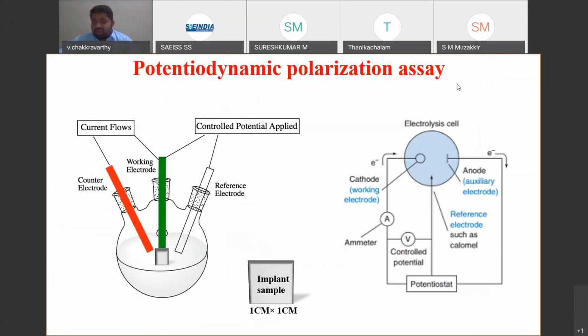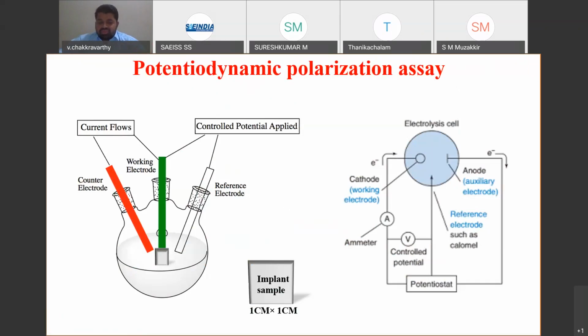If we have made an implant and would like to evaluate its corrosion resistance, a small implant sample is cut to dimensions of 1 centimeter by 1 centimeter, 1 centimeter width and 1 centimeter length. That small square sample could have a thickness of 2 mm to 3 mm.